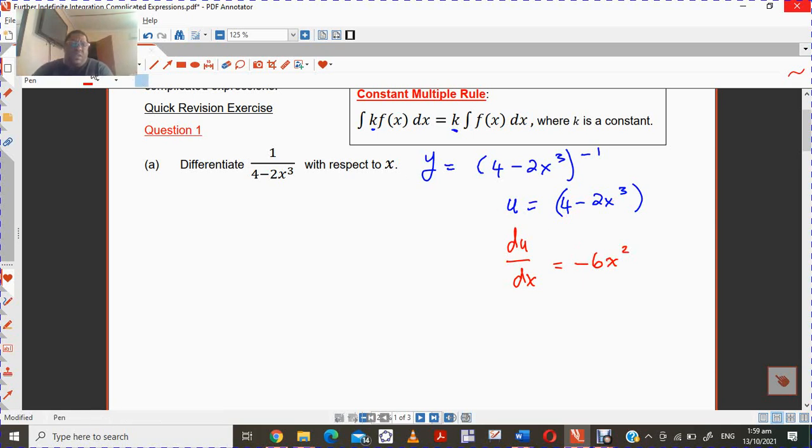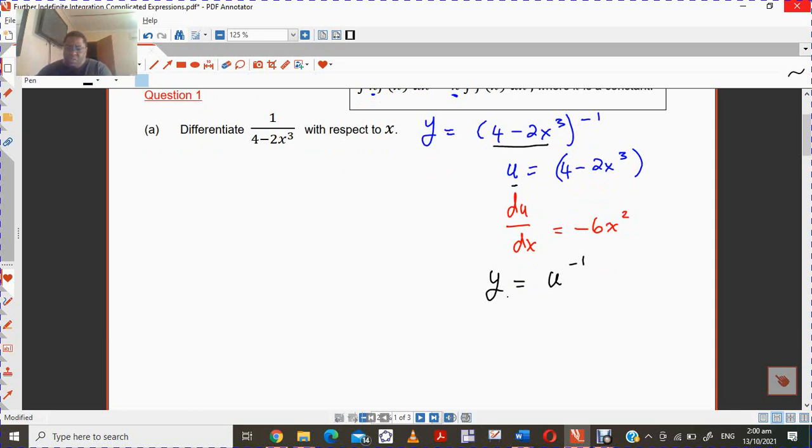Okay, and then something else, I can go ahead and say also let y be u raised to the power of -1, because this whole expression is being replaced by my u. So here I can actually do dy du, and dy du, well, the negative comes in front and then you subtract 1 here.